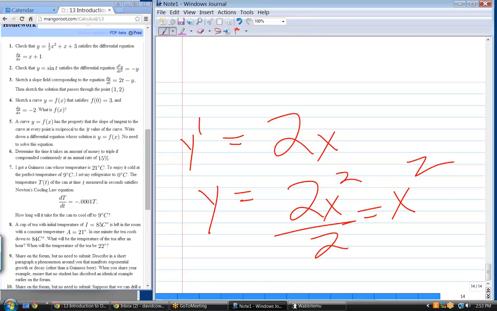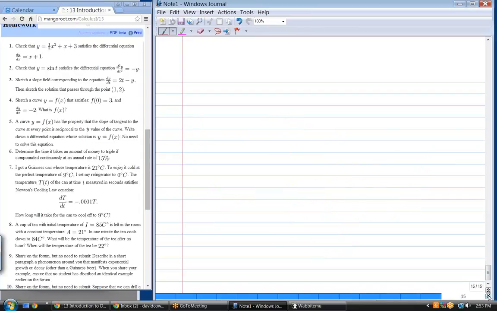Because differentiation, I don't care how complicated of a function you give me, I can differentiate it with either the product rule, the power rule, the quotient rule, and the chain rule. Between those 4 rules, I can differentiate anything. Integration is not like that.